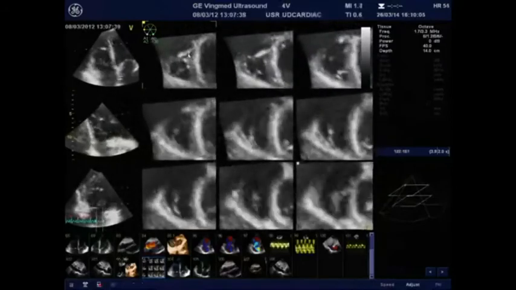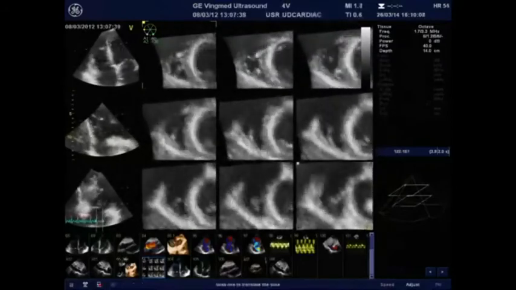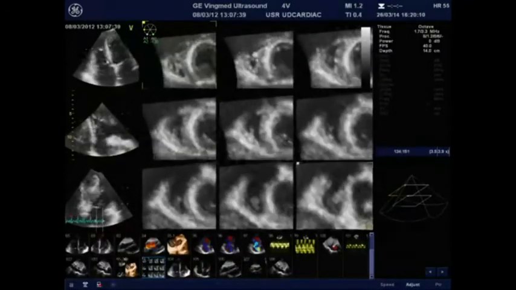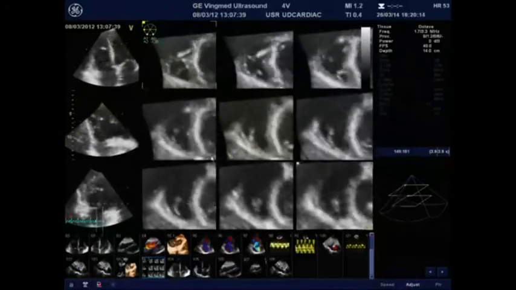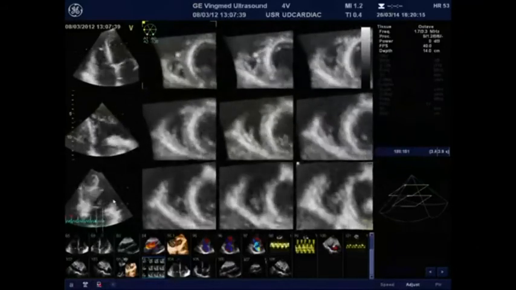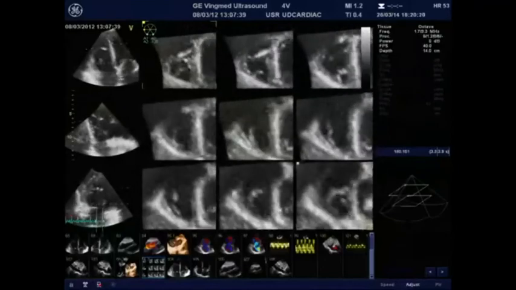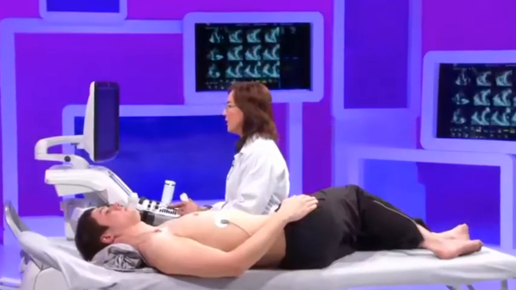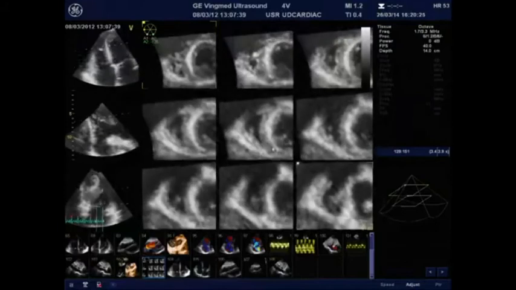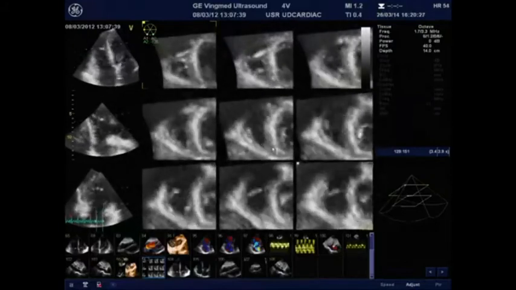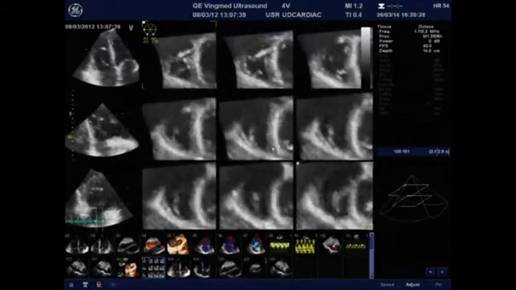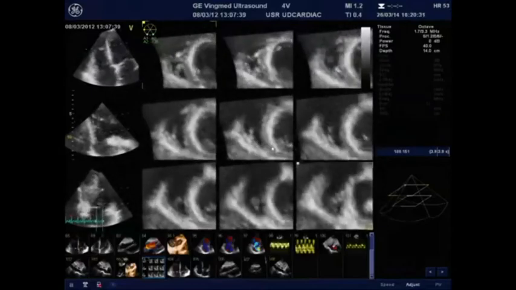These are short axis views ranging from the apex of the right ventricle to the tricuspid valve. These are equidistant short axis slices, and these are 3 longitudinal views of the right ventricle. And you can see that there is a quite active contraction of the right ventricle, meaning that probably the regurgitation is of recent onset, and it is probably related to the trauma of a recent biopsy.